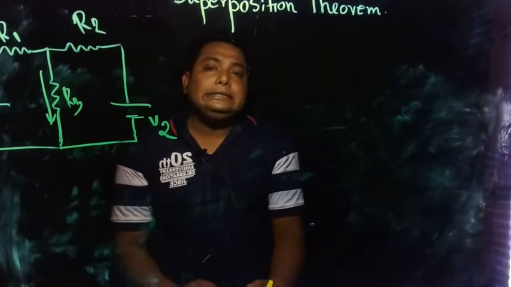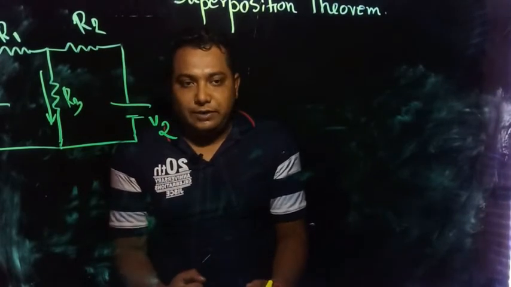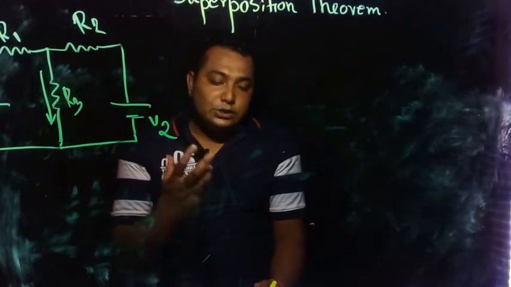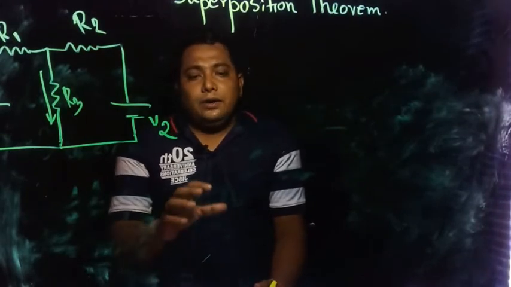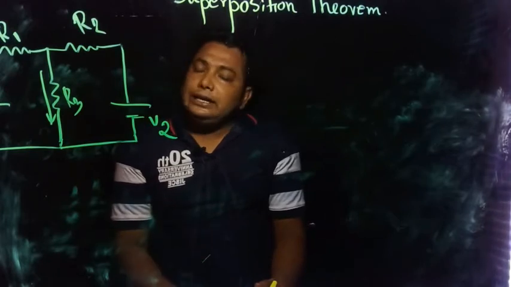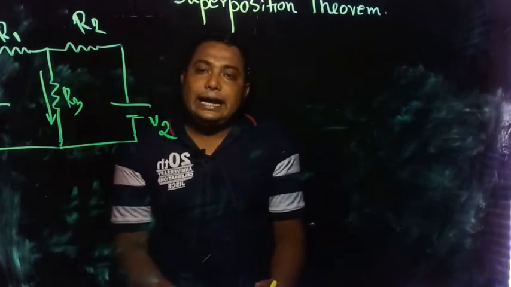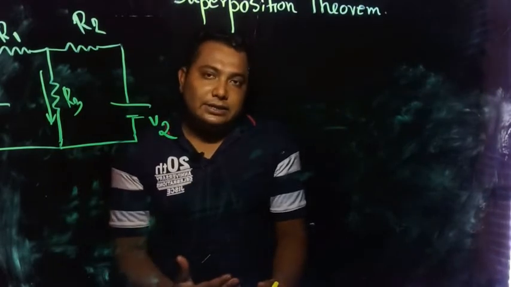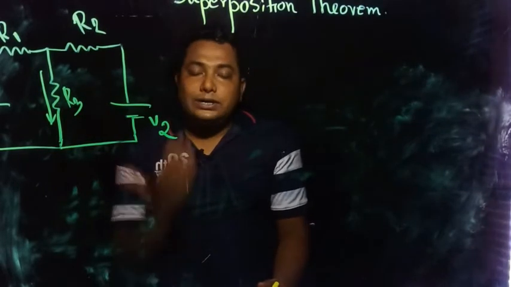Now the point is how we can solve using the superposition theorem. As per this theorem, whenever a linear bilateral circuit contains at least two sources, there we can apply superposition. That we have understood till now. Now what is the procedure to solve?